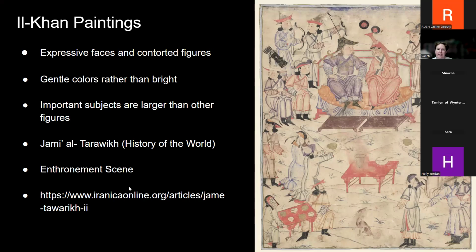And then we start getting a little more color coming in as we move through the century, but they still end up being very gentle colors. We also see a lot of what they refer to frequently as contorted figures. It's not just that they're contorted, but they don't look stiff in their movements.